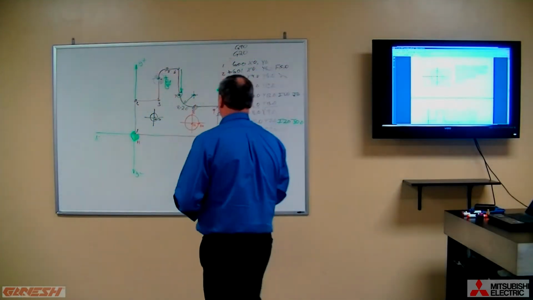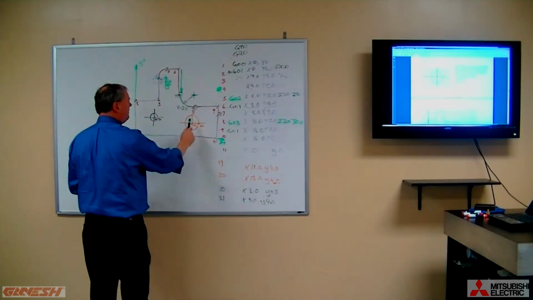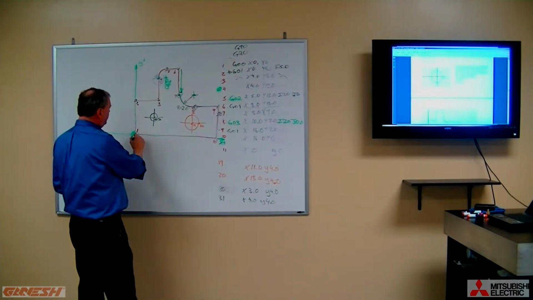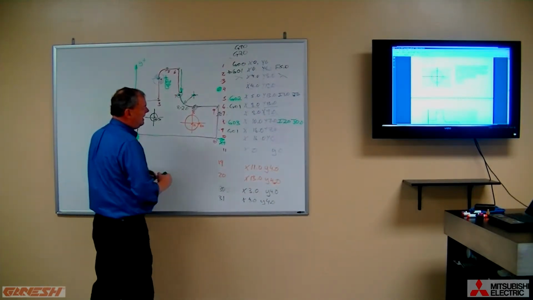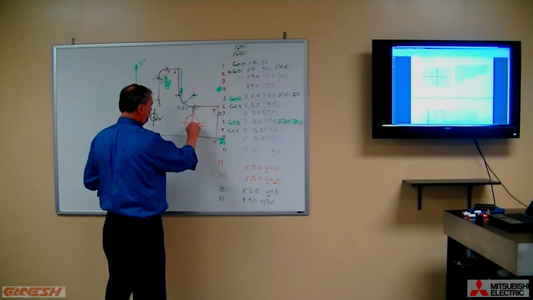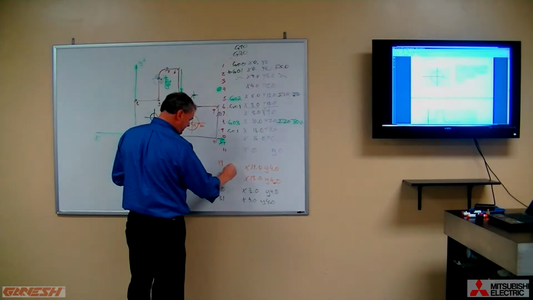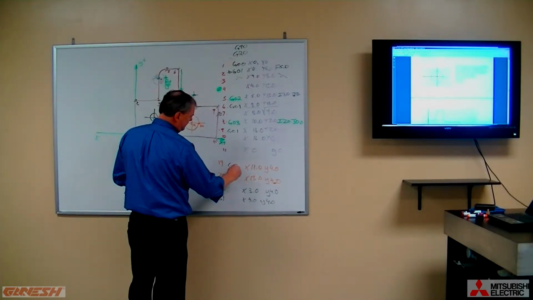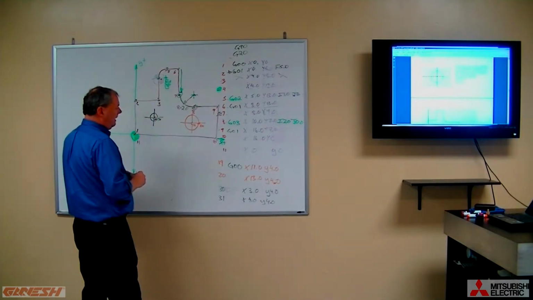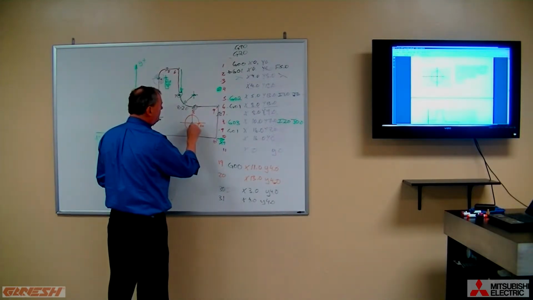So the movement to get into this arc, for example, what we probably do is we're now sitting right here. We'll say G00 and put ourselves right at the center of the arc on point number 19. And now we'll make a straight line move over to point number 20.